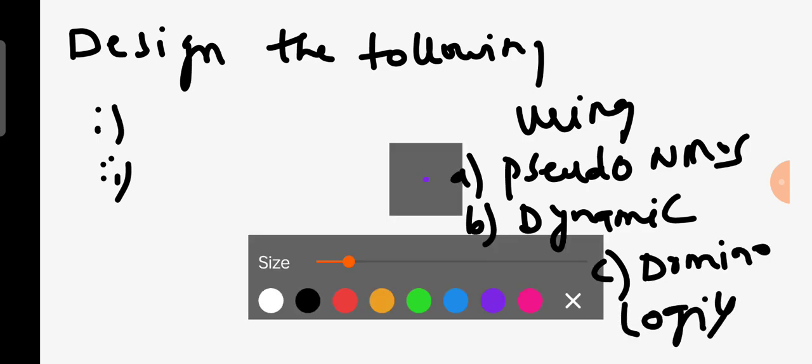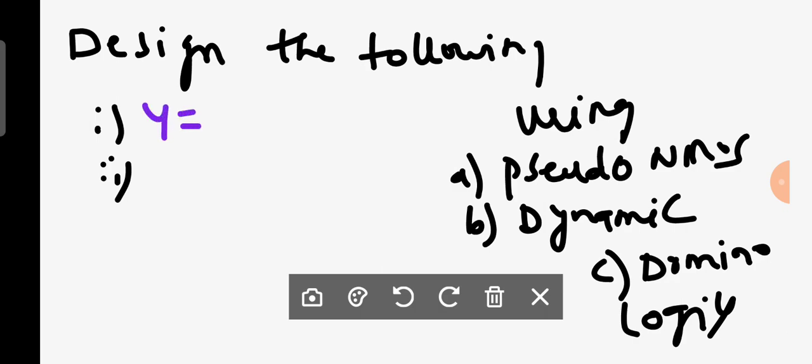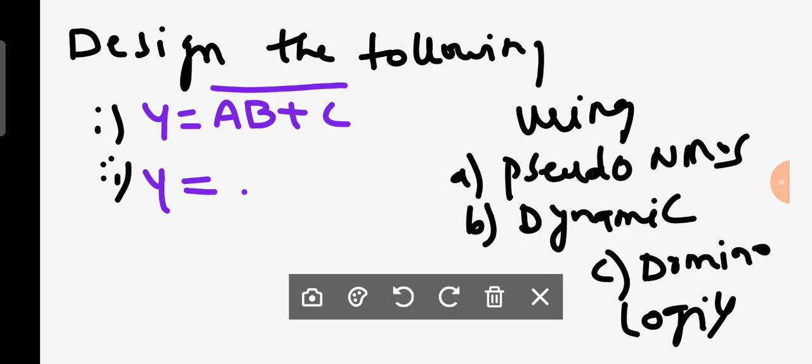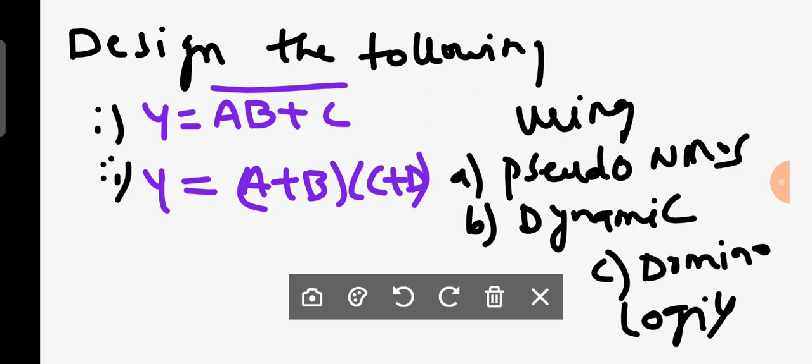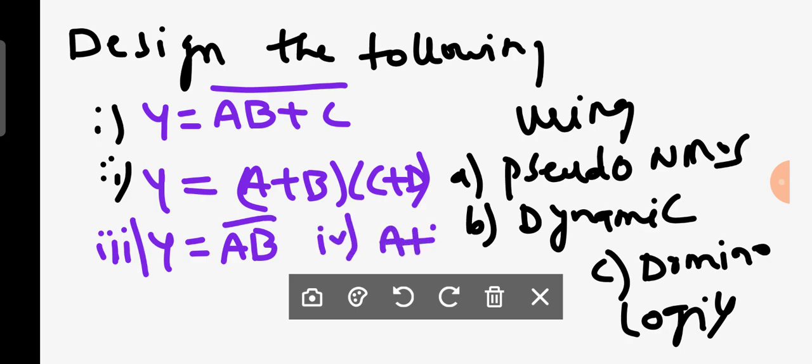Now the Boolean expression is Y equals (AB plus C) whole complement. Second, Y equals (A plus B) into (C plus D). Third one also, try to design Y equals AB, and fourth one (A plus B) whole complement. This is a task for you.